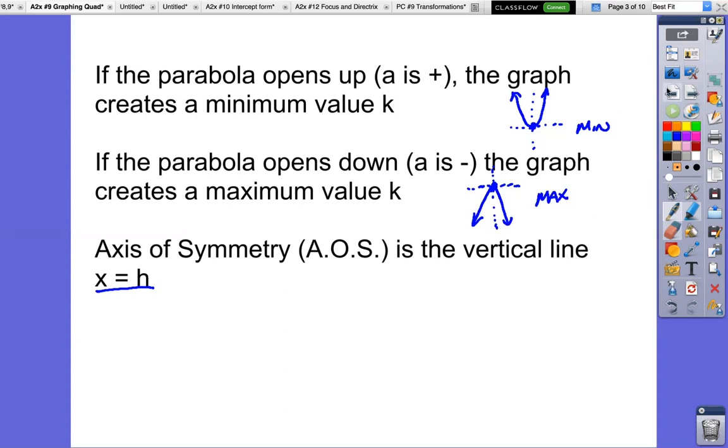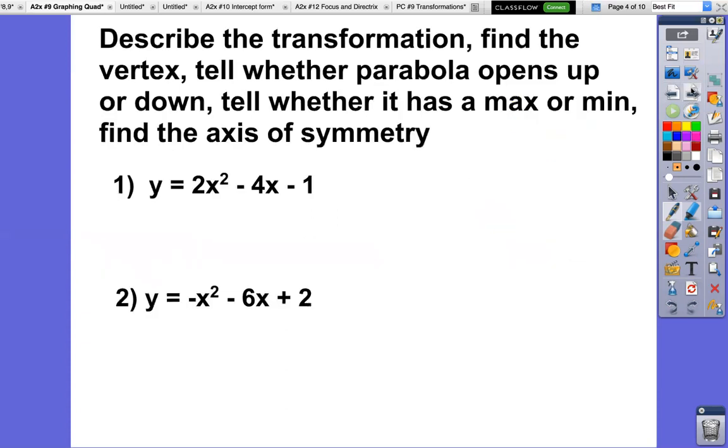Then let's go ahead and piece this together. Yesterday, this is where we ended, and we ended by finding the vertex on both. So once you find the vertex, I want you to tell whether the parabola opens up or down, whether it has a maximum and what that maximum is, and the axis of symmetry.